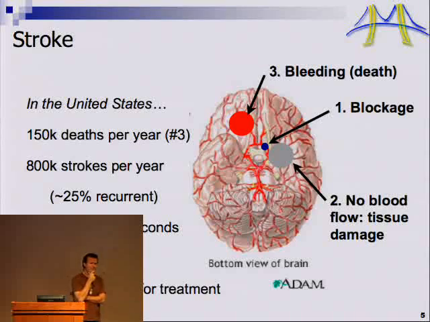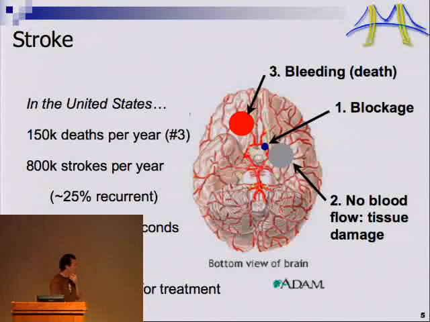So they've just figured out empirically that if they wait to treat you 3 to 4 hours afterwards with a blood thinner, which is the most common treatment, the risk of hemorrhage is too high, and they simply don't do it. So most people fall into this category of 3 to 4 hour windows, because most strokes happen while you're asleep or you're at home. You don't even know you've had a stroke until a few hours afterwards in some cases.